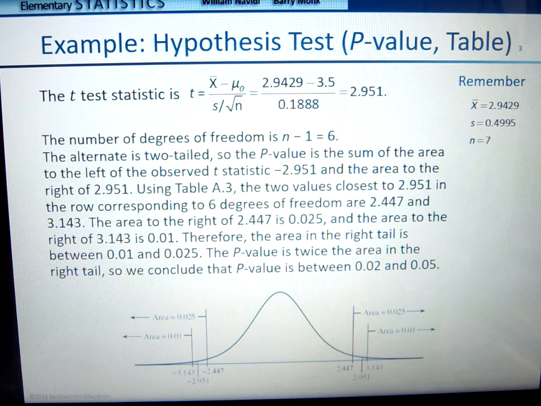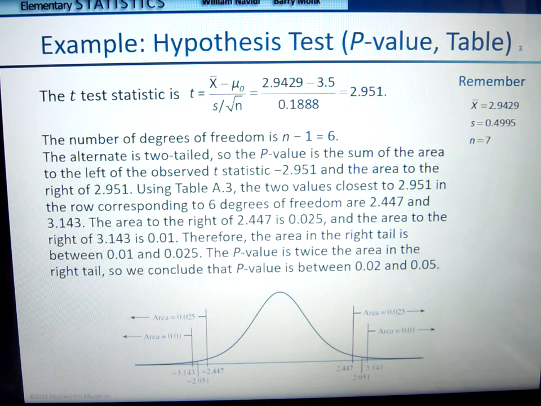The alternate is two-tailed, so the p-value is the sum of the area to the left of the observed t-statistic and to the right. Using the two-tail row in the table corresponding to 6 degrees of freedom, the area to the right of 2.447 is 0.025, and the area to the right of 3.143 is 0.01.